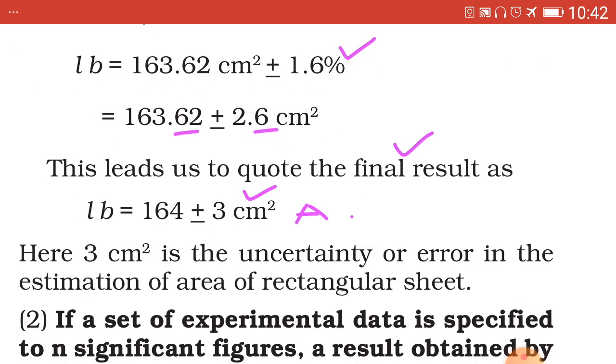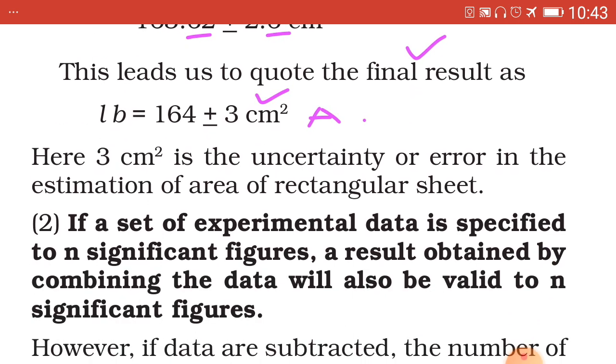So the final result will be written as LB equal to 164, because 0.62 is greater than 0.5 and approximately it is rounded up, so 163 becomes 164, and in the case of 2.6 the approximation on rounding up leads to 3, hence LB equal to 164 plus minus 3 centimeter square.